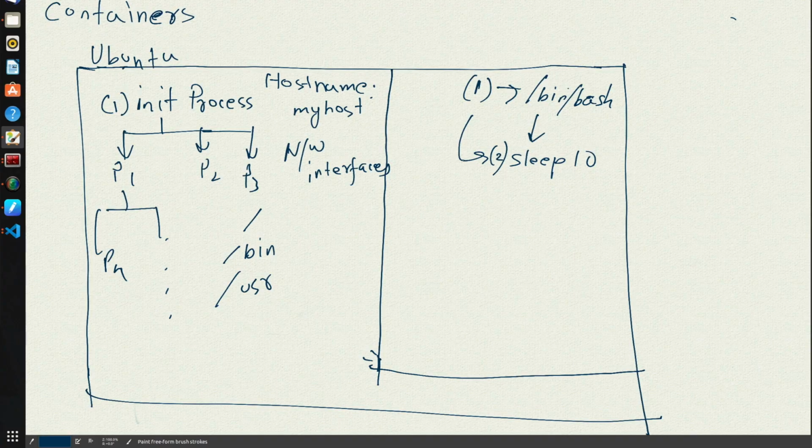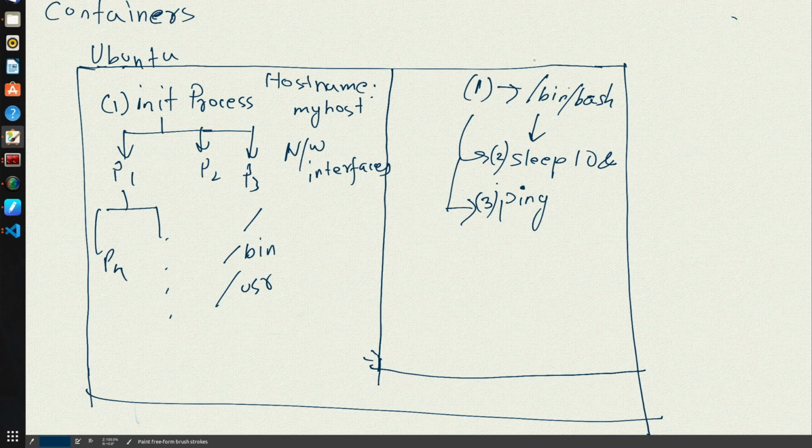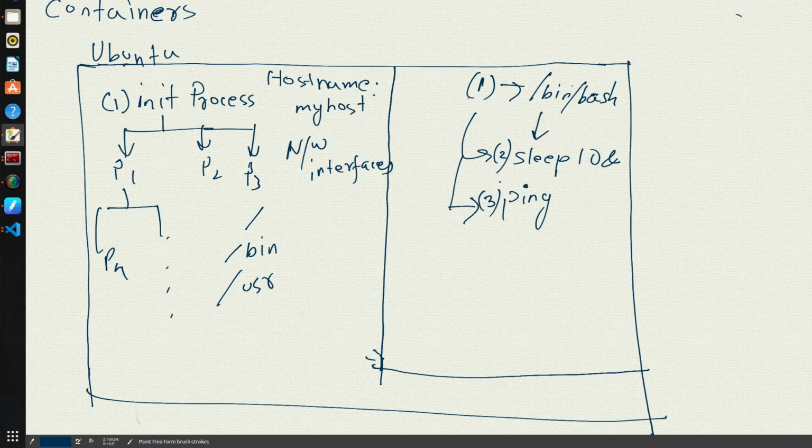And you can also then spawn something else, like a ping process if you have set up network capabilities inside the container. But yeah, then let's say it gets another ID, PID3, and so on. Now this is what a container would look like. This PID1 will have no idea of this PID1.